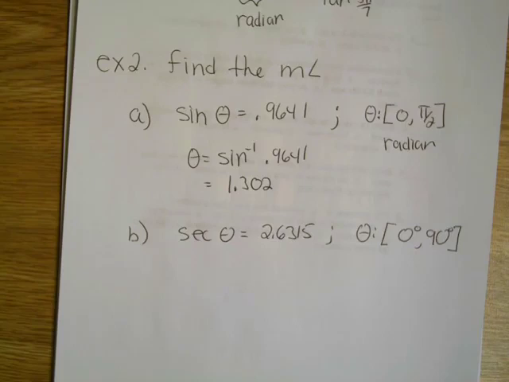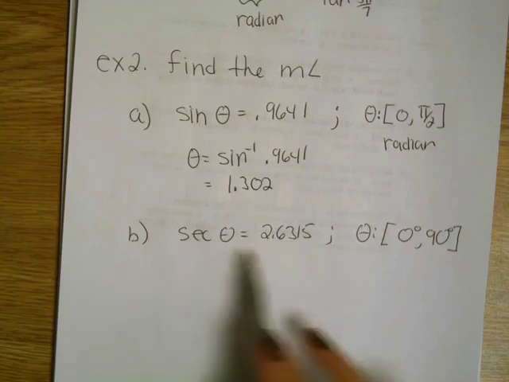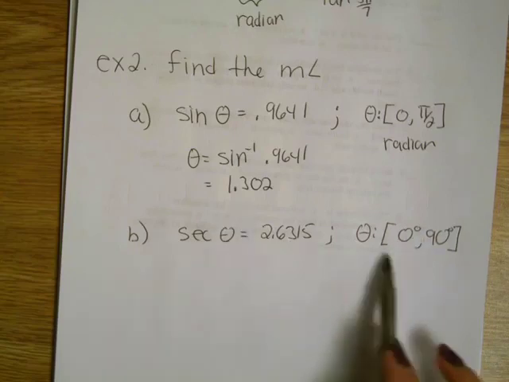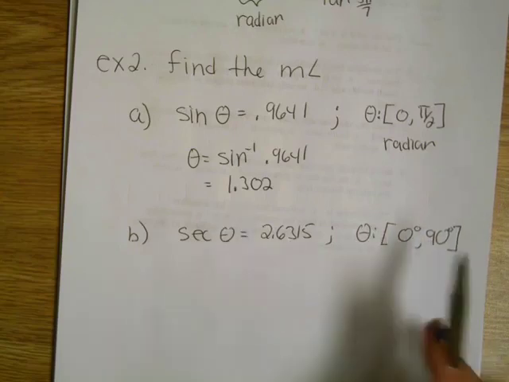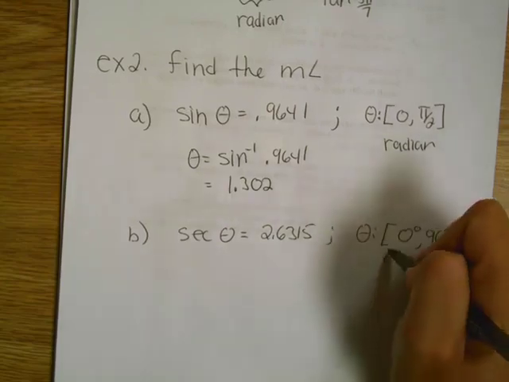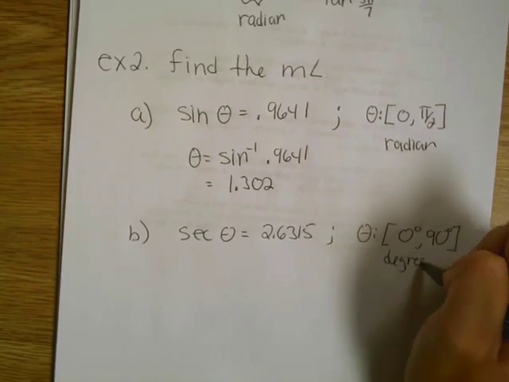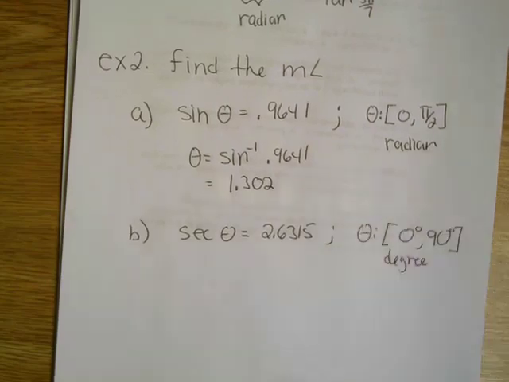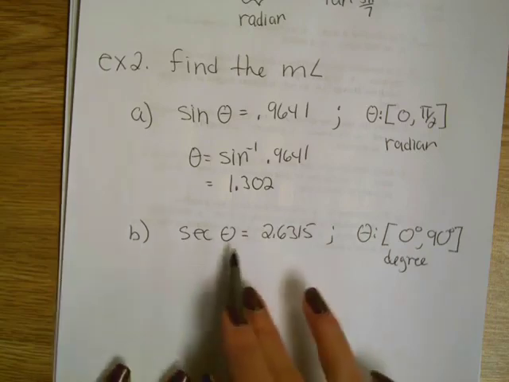For this one, you do cosine negative 1 over 2.631. Very good. But in degree mode. So this interval, this part here, I don't know, could be either one. But this is telling you what mode to put your calculator in. Because I want a degree answer. So if you switch yourself to degree mode, and then do inverse cosine, and Adam had it all set right off the bat.